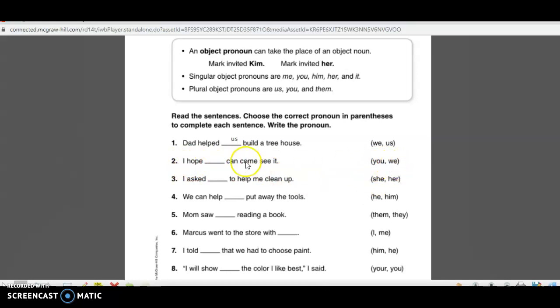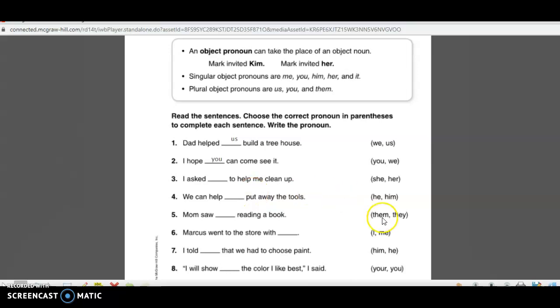It can't be we. "I hope we can come see it" is not correct because we replaces a subject and we're replacing part of the predicate. So we would be using you. So let me type in you right here. So I hope you can come see it.